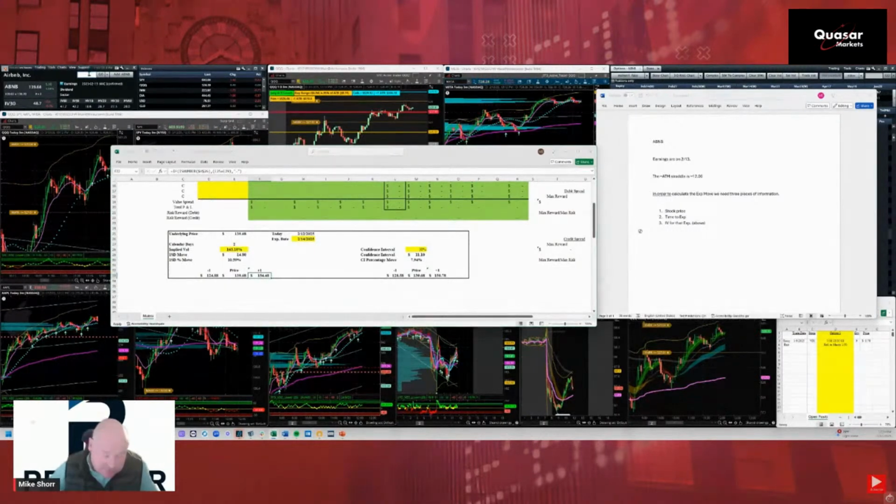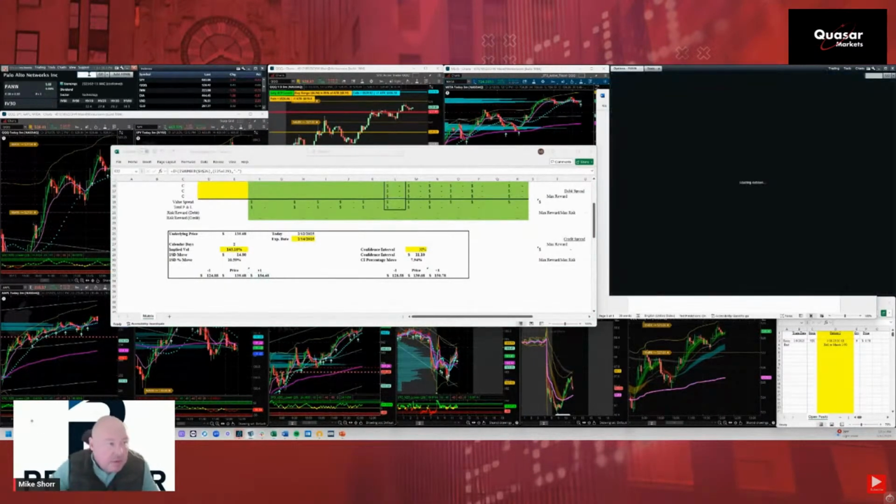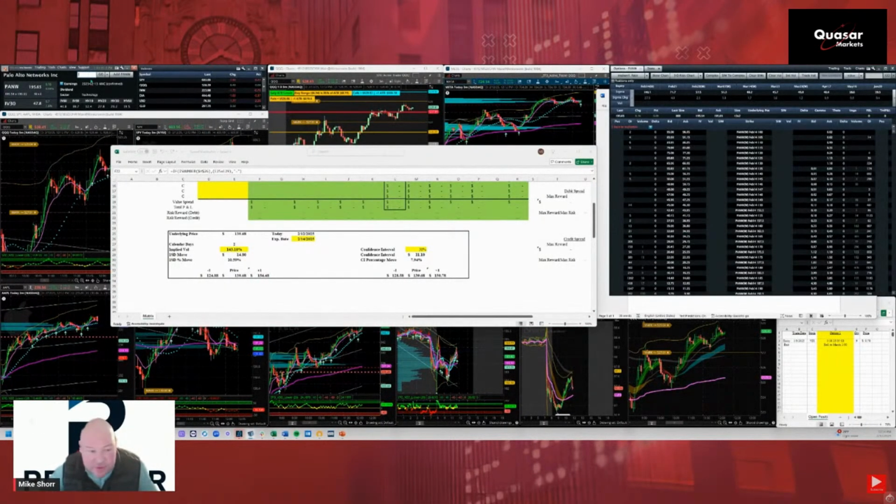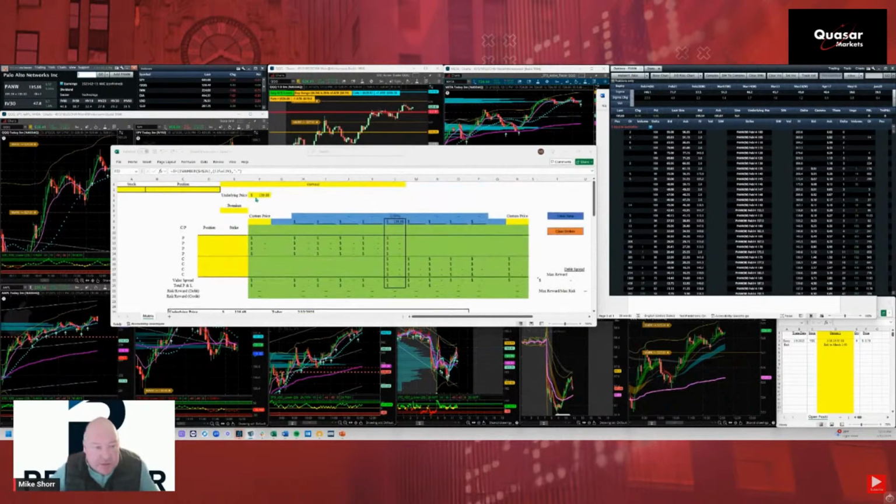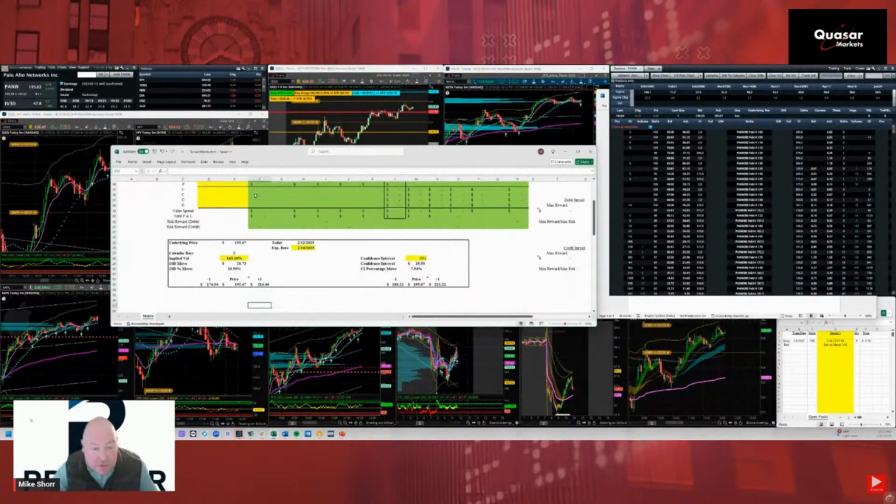PANW. All right, so first, PANW, they have earnings coming up on the 13th as well. So we know that we need the price. That's going to be 195.67. We know that we're looking at the same day because earnings come out after the close.